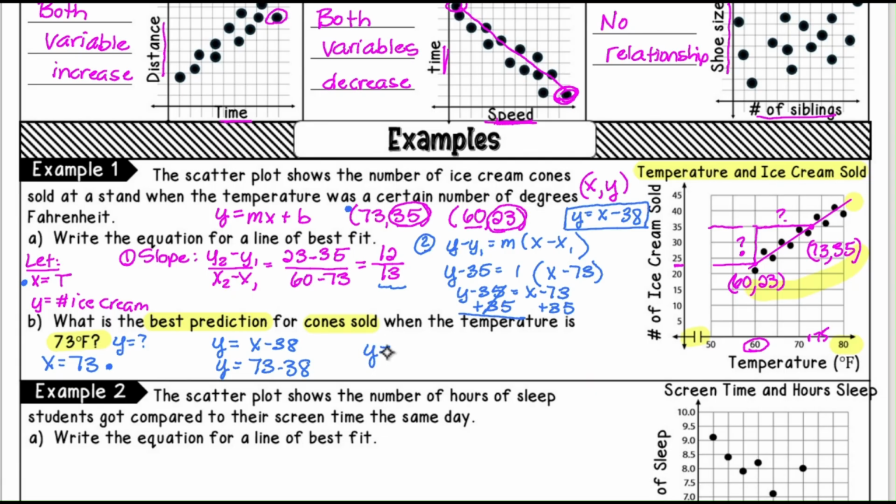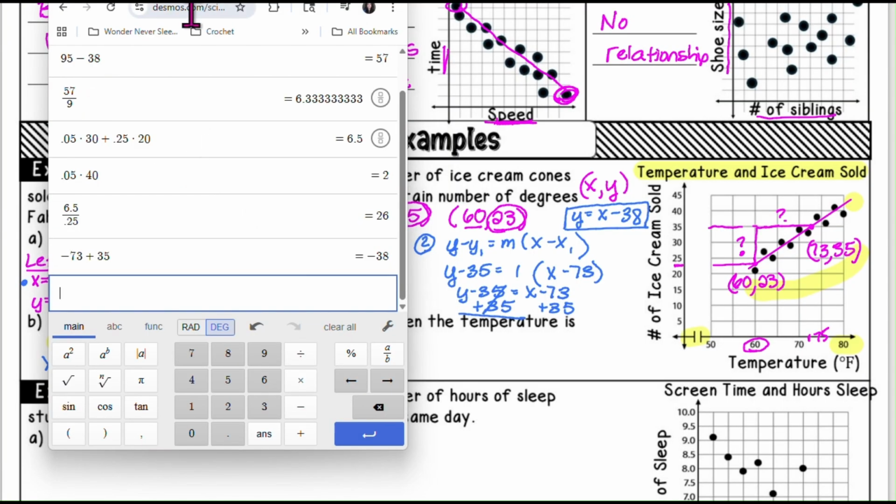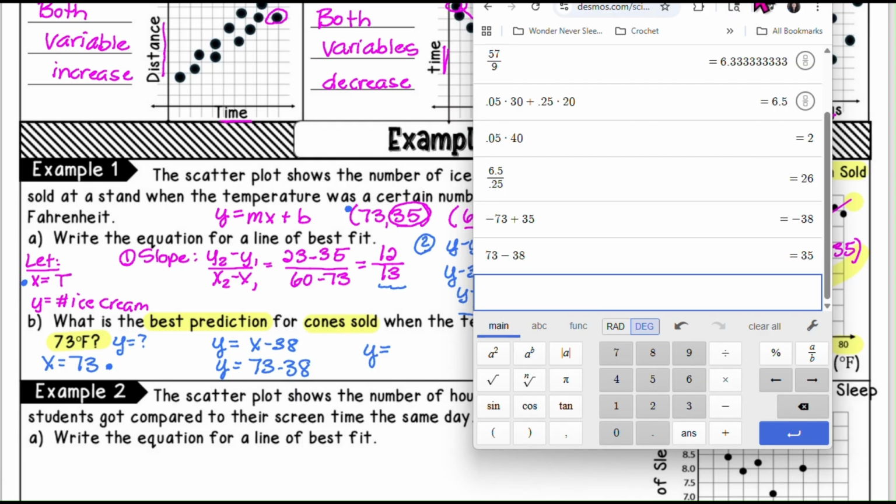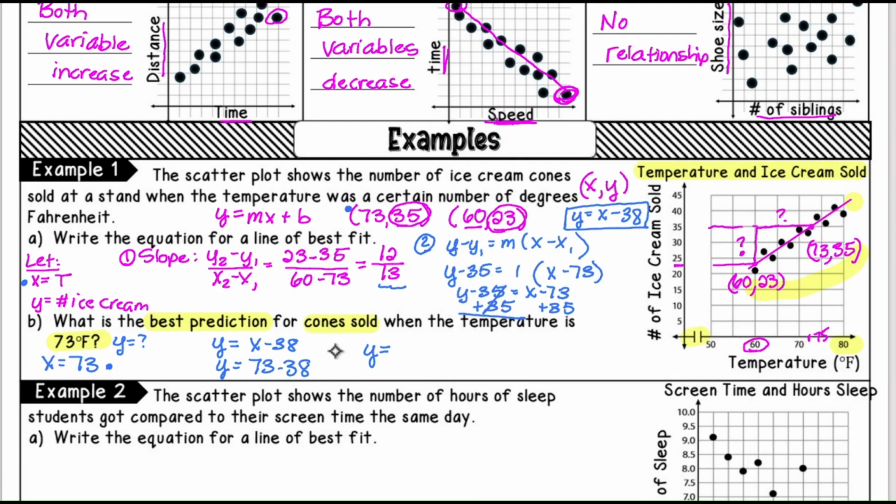Here we go. We got Y equals, let me go grab my calculator again. 73 minus 38 equals 35. Okay, so what this is telling me is that we will sell 35 ice cream cones.